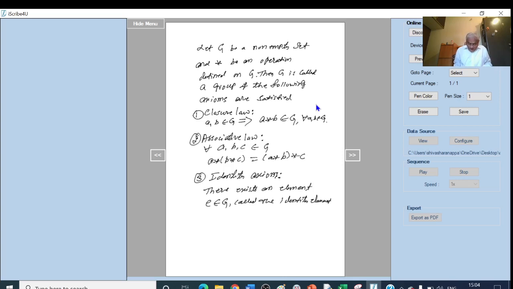And this E is such that A star E equals E star A equals A. This must be true for all A belonging to G. This is the third axiom.